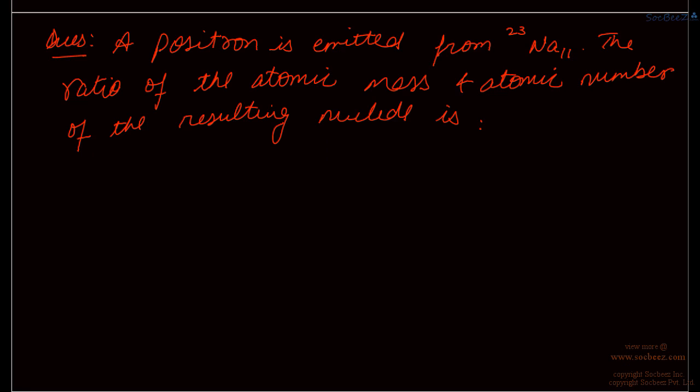So we know that in case of positron emission, a proton converts into a neutron plus a positron here. Okay. So in this case, atomic number decreases by 1, but atomic mass remains constant.